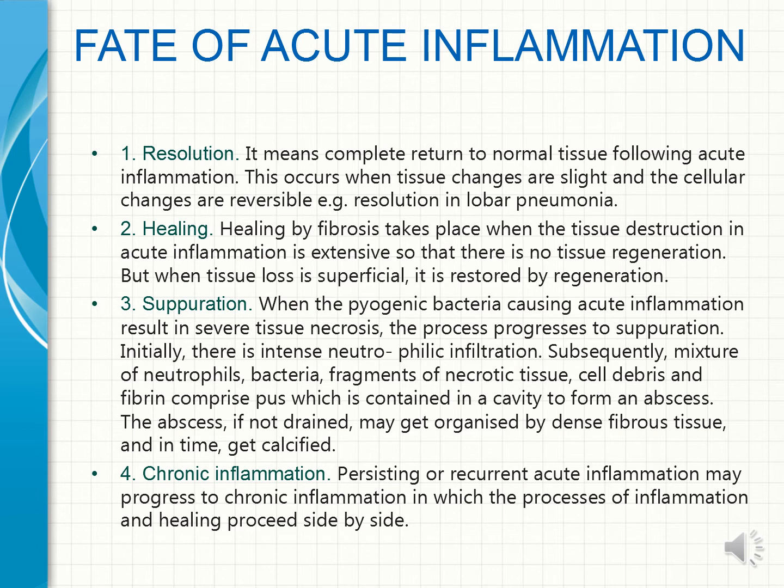This occurs when tissue changes are slight and the cellular changes are reversible, so resolution may happen in lobar pneumonia. So this is the best outcome of the acute inflammation, resolution, and full repair of the tissue.